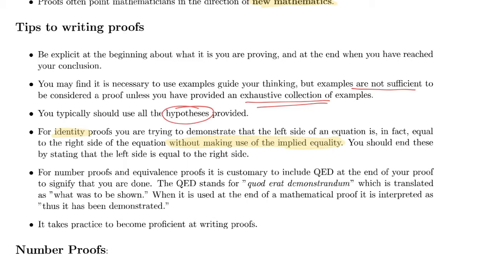There are a lot of things that we do with an equation because we assume that equal sign is true, that the left side is equal to the right side, and that allows us to do certain things. But if you're questioning the equality, then you can't do that. So you have to make sure that the left side and the right side both independently equal the same thing.